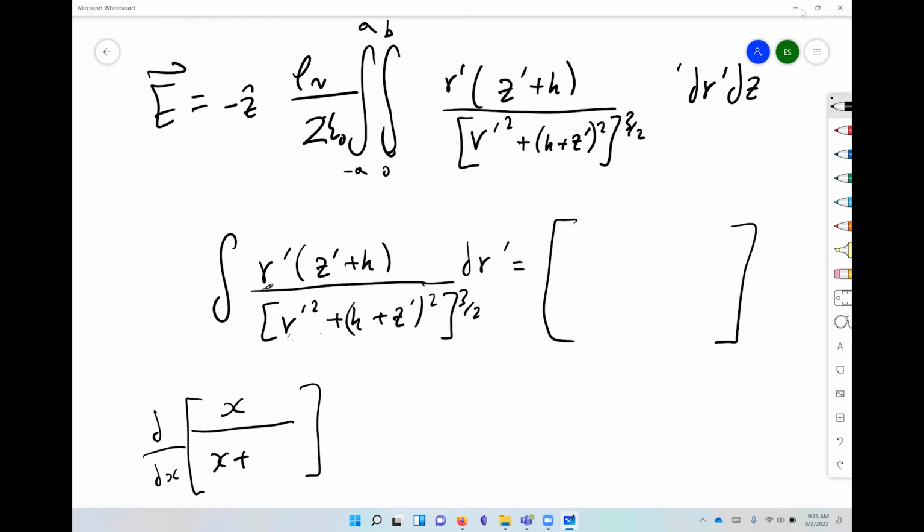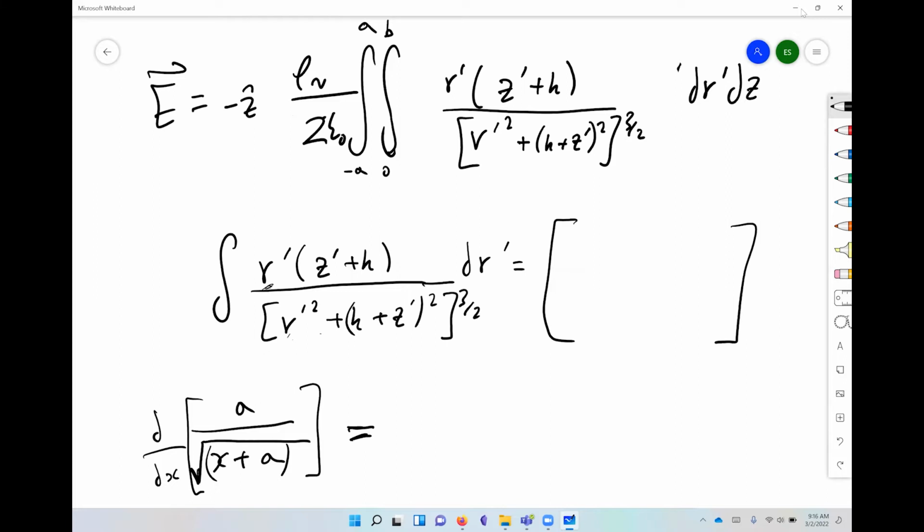Sorry, not x, a, differentiate this reciprocal square root. Whenever you see something like this, it's the first thing you should try.